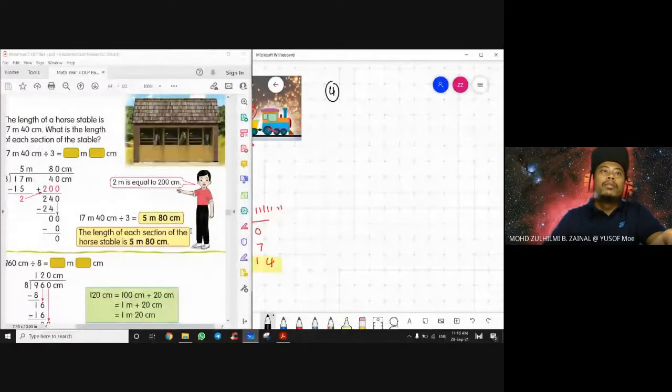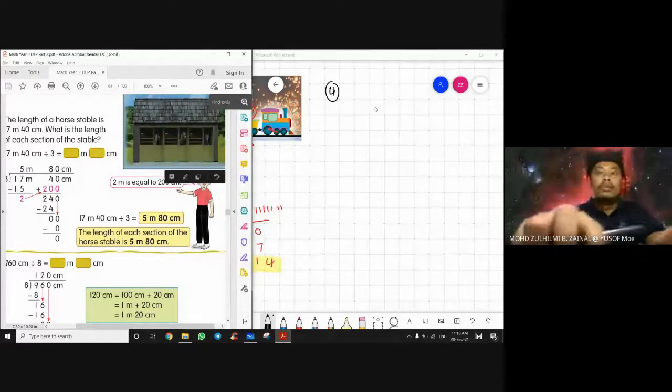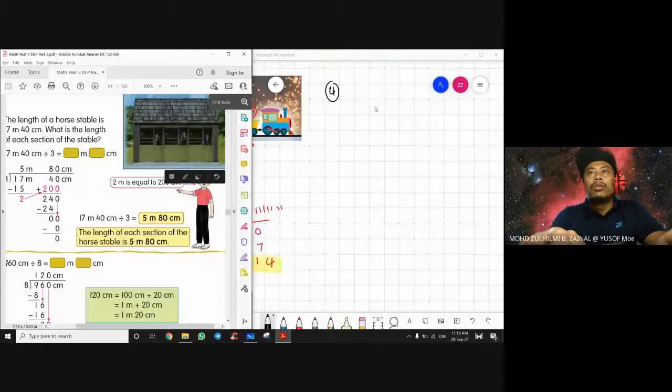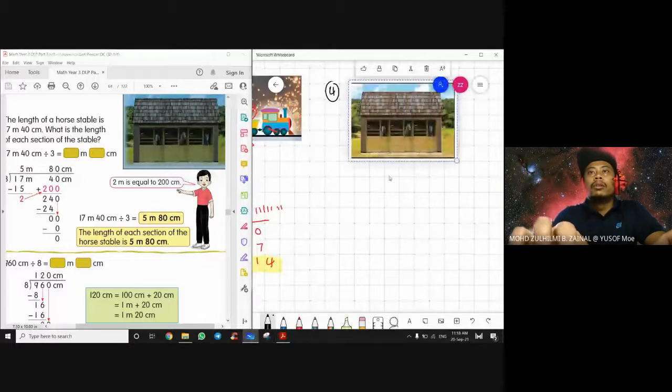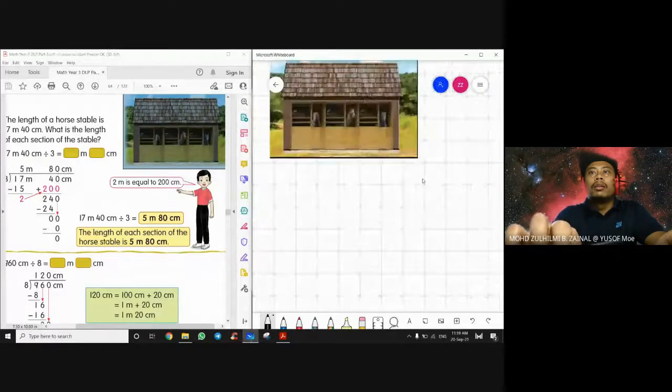Okay, dalam ni stable tu maksudnya kandang yang besar kan. Okay, so ada berapa kandang? Kamu boleh tengok ada 3 kandang. Counting je. Okay.